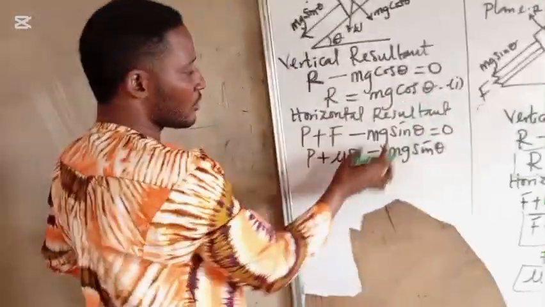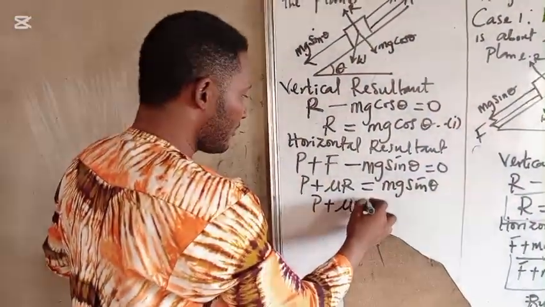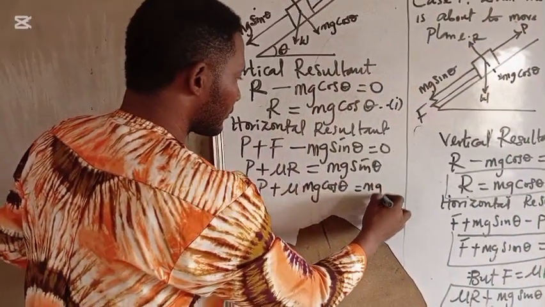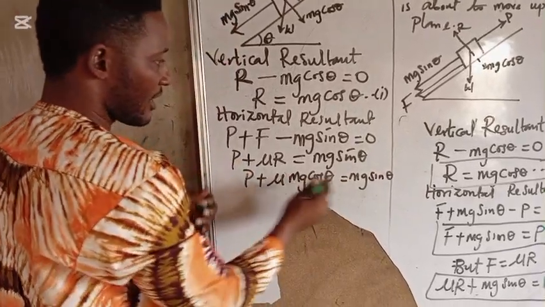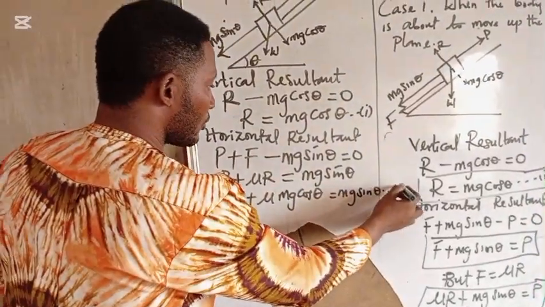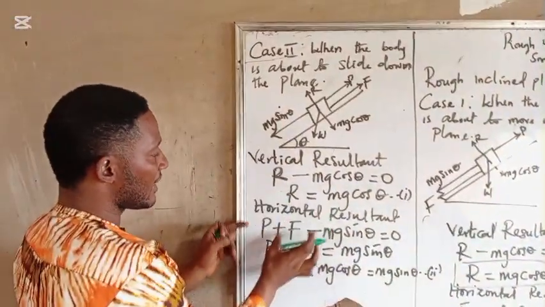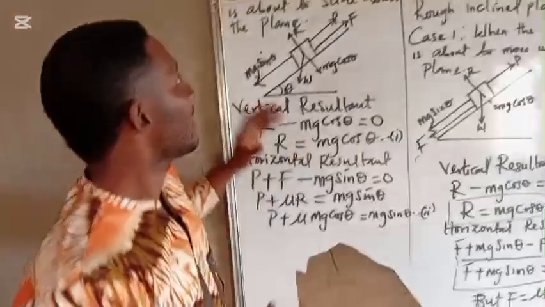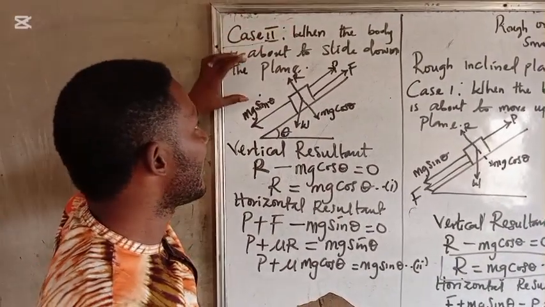On that note, if you put this in this place, we are going to have P plus mu times mg cos theta equals mg sine theta, and that is another formula which we can call equation 2. So these two formulas we've generated, the vertical resultant formula and the horizontal resultant formula, are the formulas that we need to consider when considering the body which is about to slide down the plane.